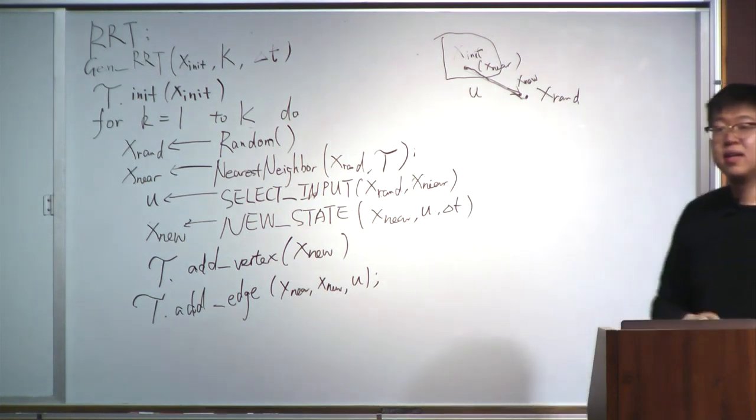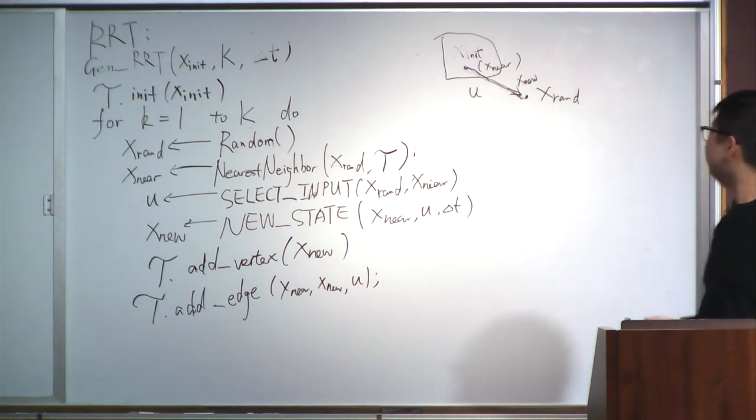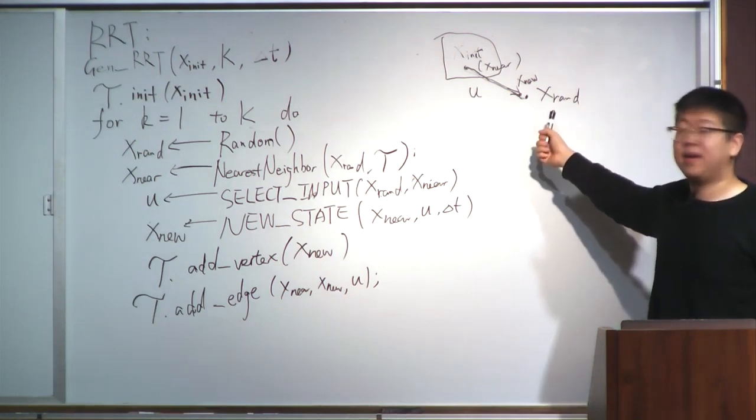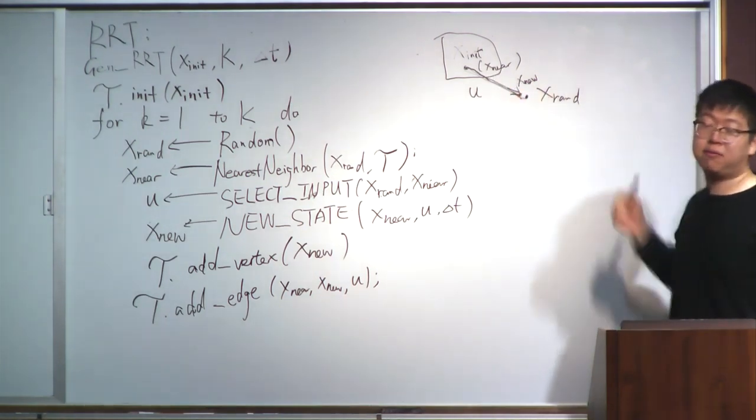Also, when you are generating the x rand trees, do you generate by propagating your dynamics model forward, or do you actually just randomly sample in the space? For x rand, you just randomly sample, and for x new, you need to forward.